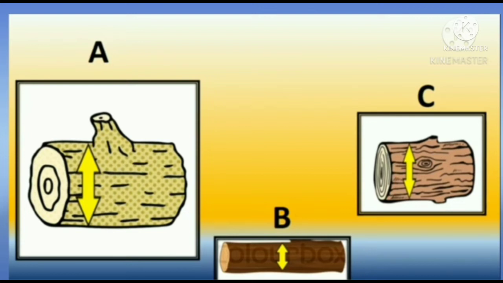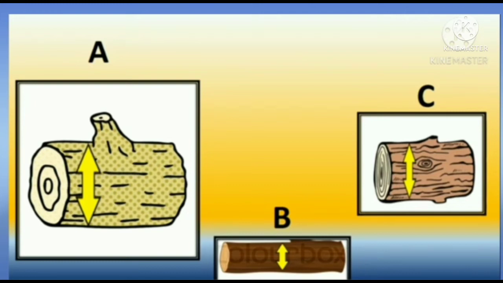Therefore, the wooden log in picture A is thickest. Similarly, the width of the wooden log in picture B is less than the width of the other two wooden logs. Therefore, the wooden log in picture B is thinnest.